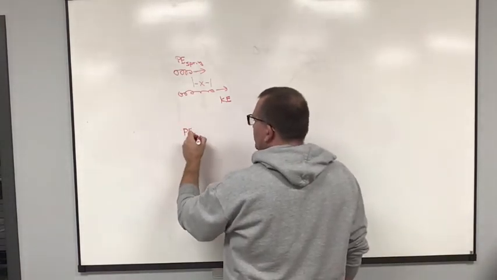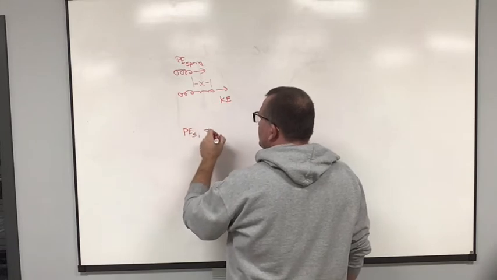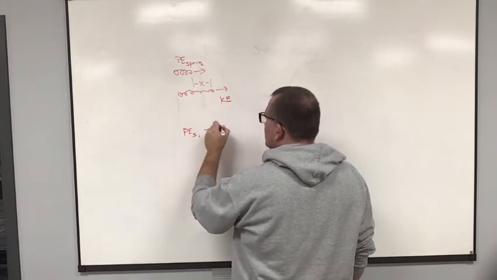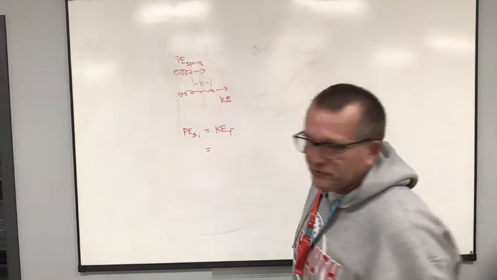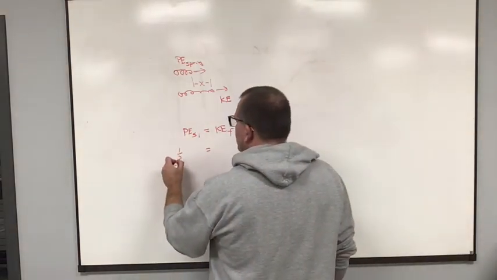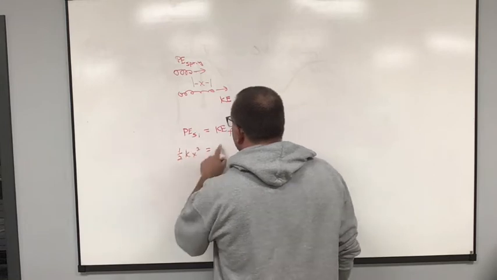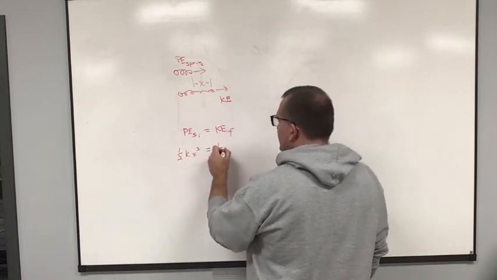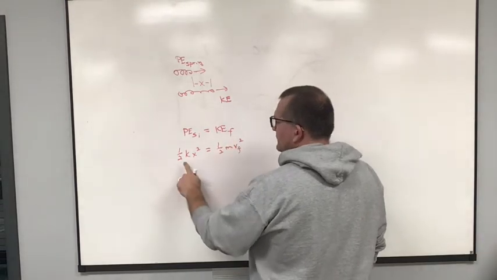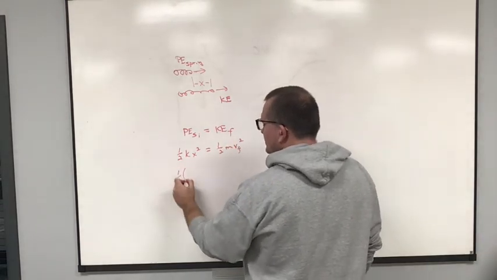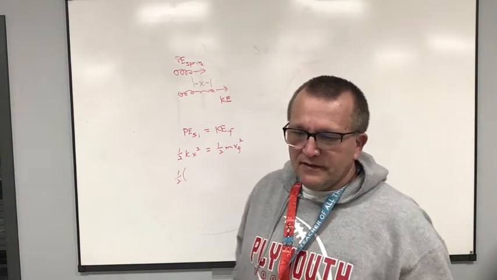So potential energy of the spring is what we start with. I'm going to say spring initial equals kinetic energy at the final. Potential energy of a spring, 1/2 k x squared. Kinetic energy, 1/2 mv squared. And we're trying to find this final velocity, right? So as I substitute in, my k is 250.